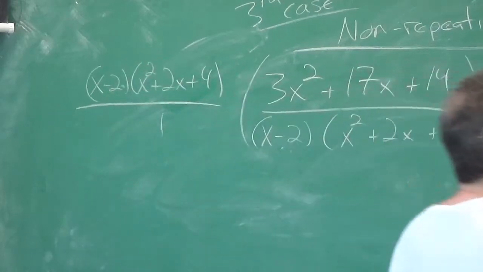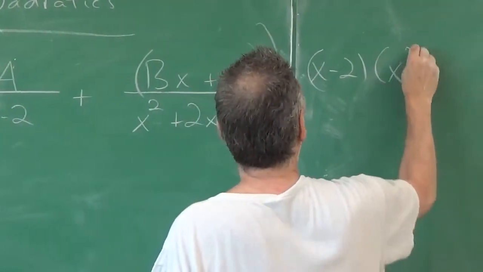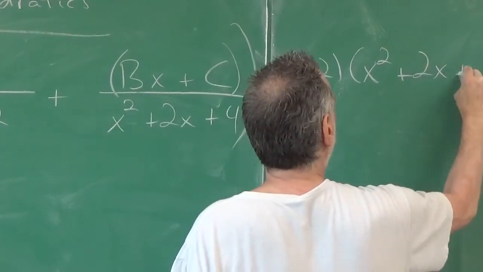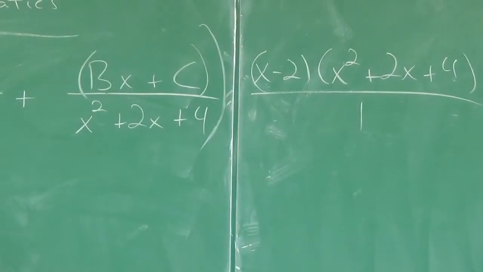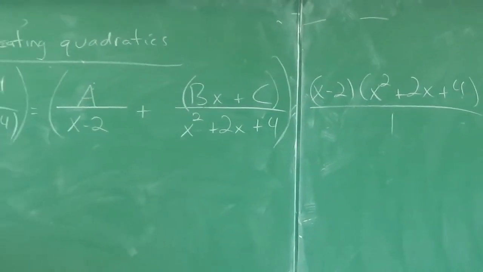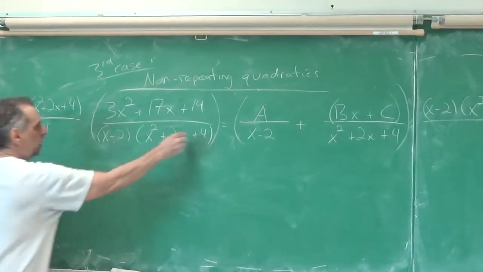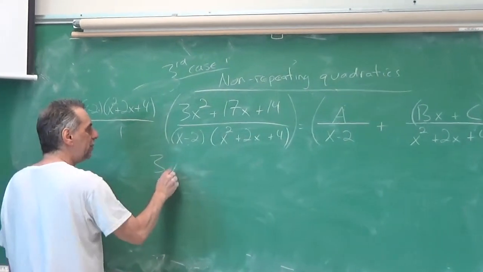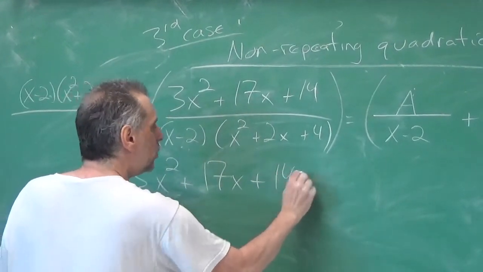Multiply the left-hand side by that, multiply the right-hand side by that. All right, so now it's really just practicing your algebra, making sure you know how to multiply correctly, factor, everything nicely. So this factor cancels with these factors, and on the left-hand side we're just left with the original quadratic.